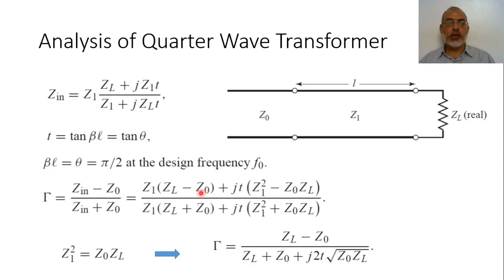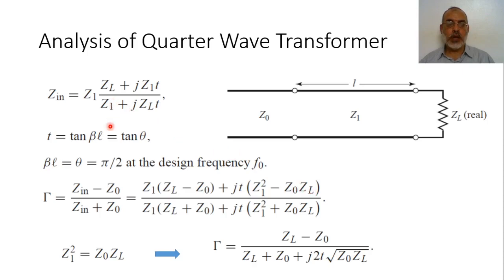Right? The imaginary part here is Z1 multiplied by Z1T, so we have Z1 squared multiplied by T, minus Z0, which when multiplied by the denominator of Zin gives plus jZLT multiplied by Z0. So we have imaginary part minus Z0 ZLT. So the imaginary part is jT multiplied by (Z1 squared minus Z0 multiplied by ZL).